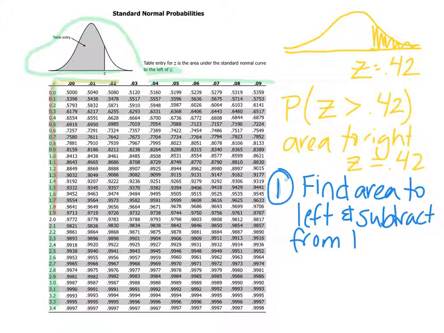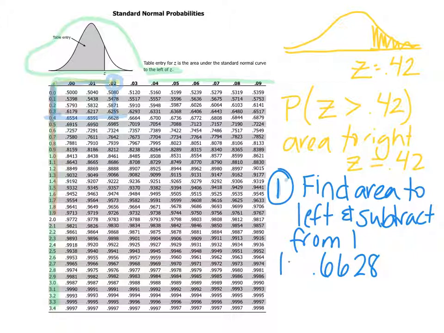So the first thing I'm going to do is look up 0.42 in my chart. So I'm going to look up 0.4 here. Then I'm going to go all the way over until I get the 0.02, which is right here. And I see where those two intersect, and it is 0.6628.